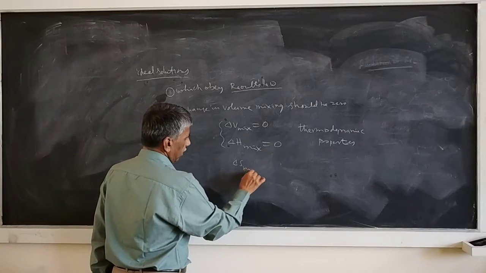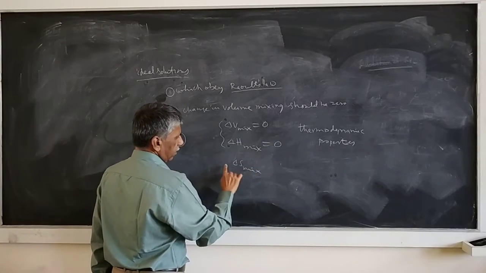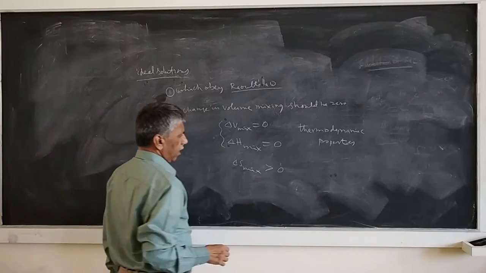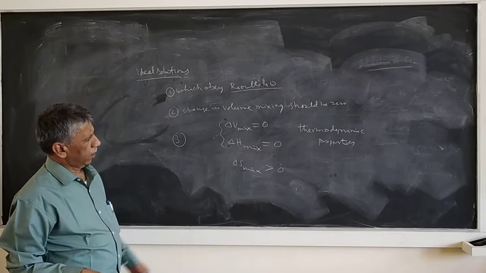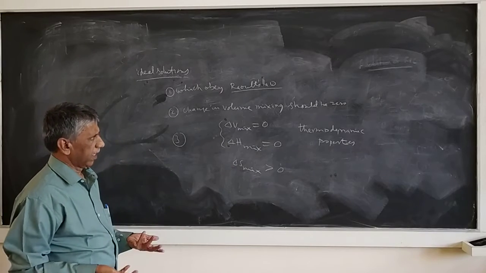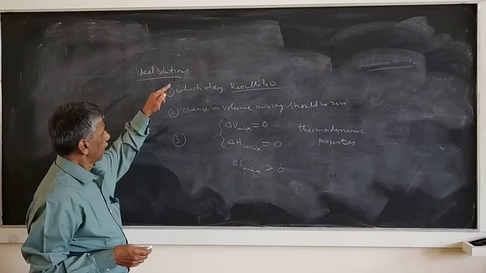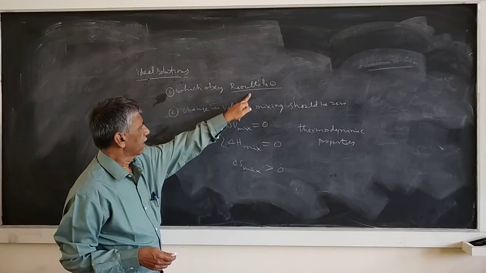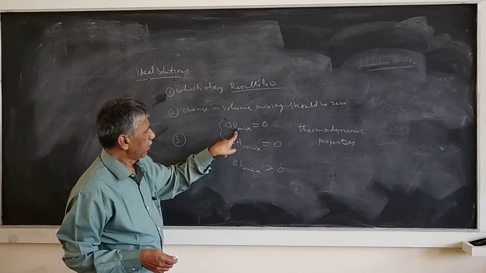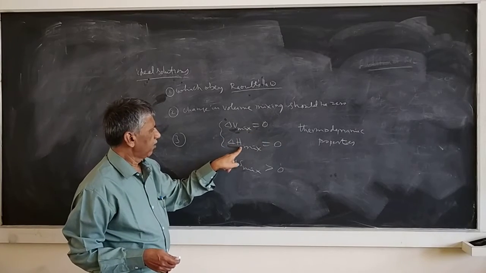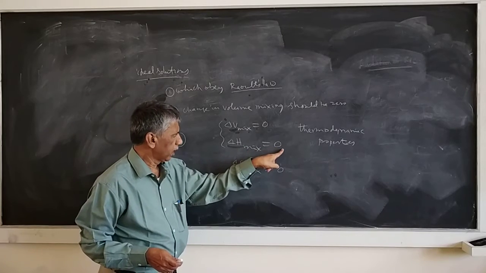And usually the entropy change of mixing is greater than 0. So this is one more condition for an ideal solution. So it should obey Raoult's law. The change in volume upon mixing should be equal to 0. The change in enthalpy upon mixing should also be equal to 0.